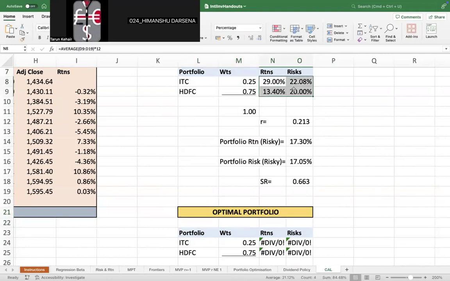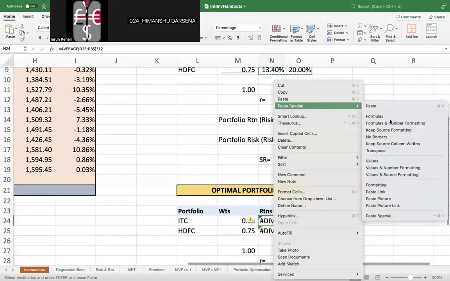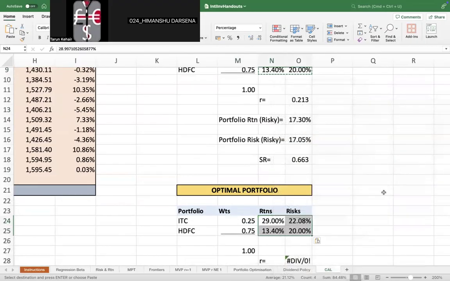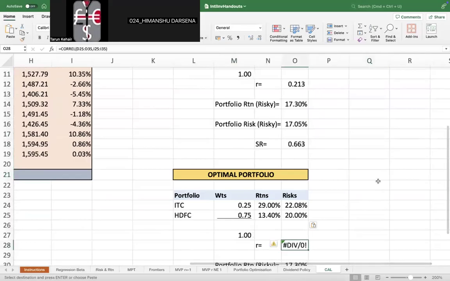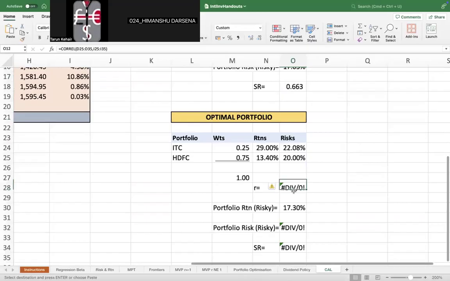Where I'm going to copy these risks and returns. I'm going to copy the correlation.